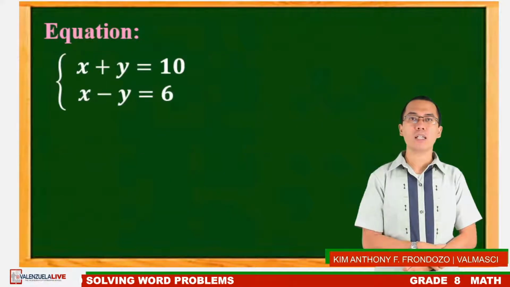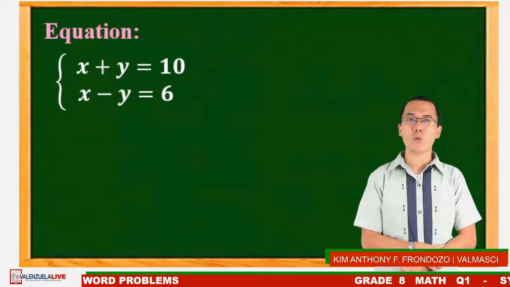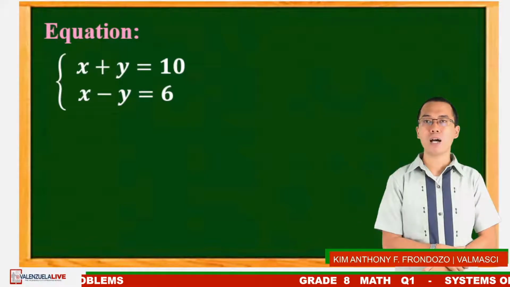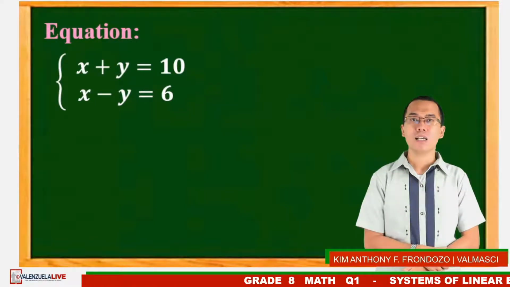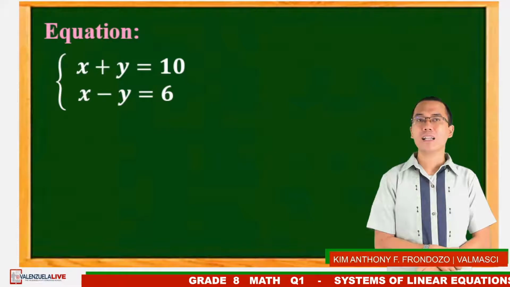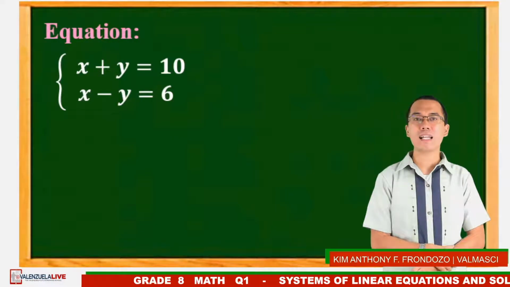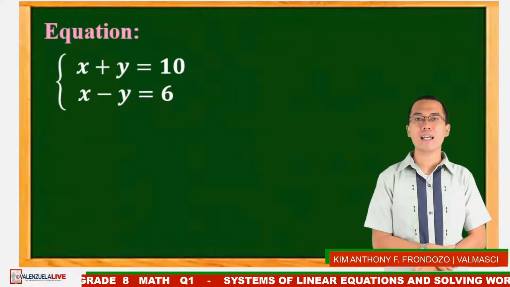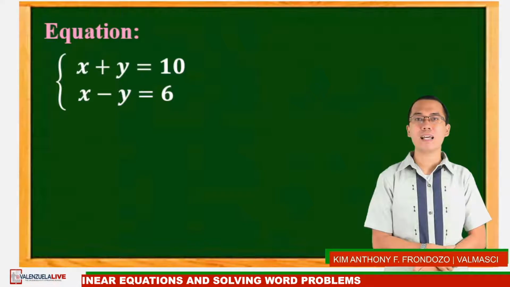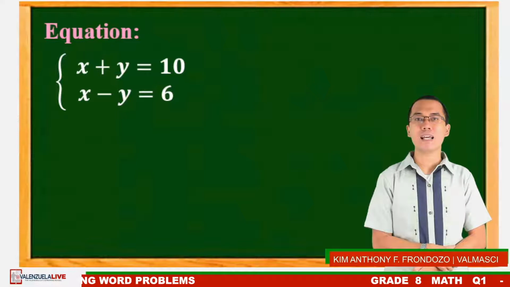So we can now solve the given problem. For the solution, the best way we can solve the given problem is by the elimination method, since if we are going to add the two equations, we can eliminate one of the variables.